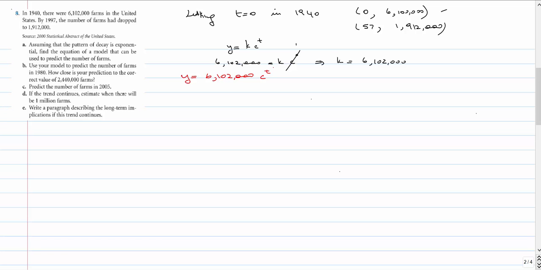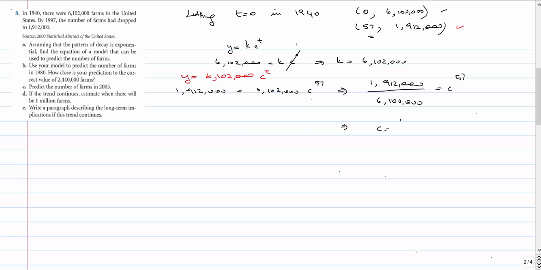Alright, now I need to find c, and I'm going to use this point. Y is equal to k c to the power 57. T is 57. Now from here, 1,912,000 divided by 6 million is equal to c to the 57.